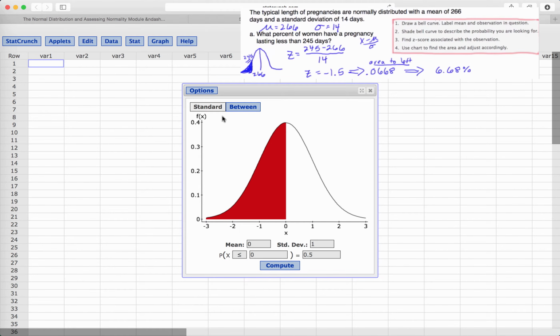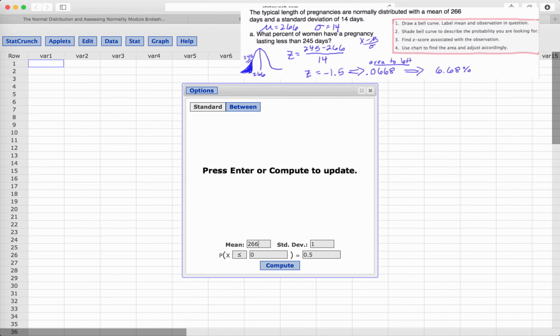In this problem, and as we did before, we need to put in the mean and the standard deviation. In the previous video where I had gone over the standard normal curve, we had a mean of 0 and a standard deviation of 1. In this problem, however, we know the mean length of pregnancy was 266 days, and there was a standard deviation of 14.